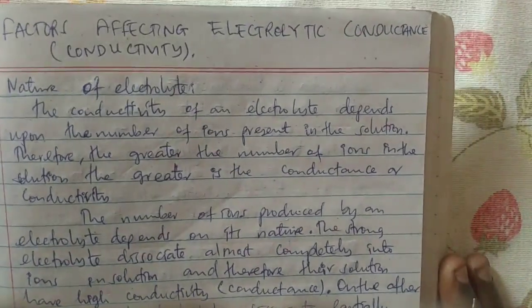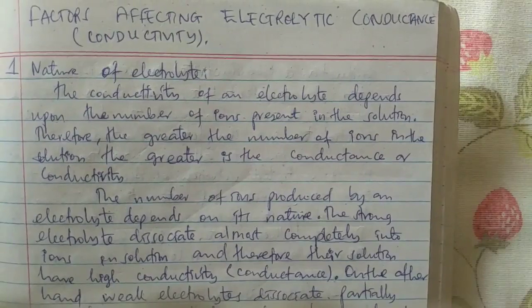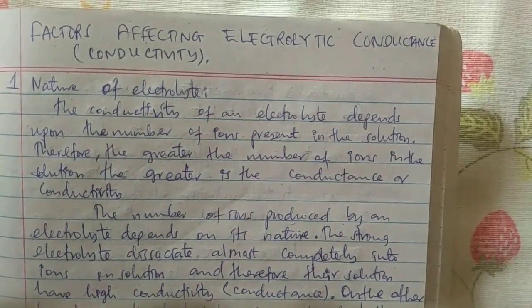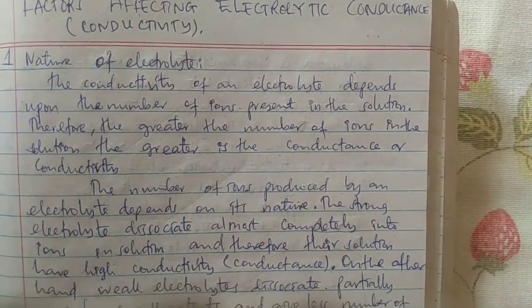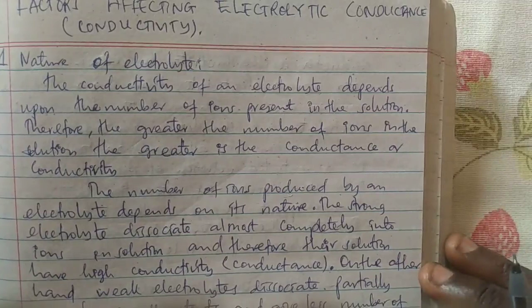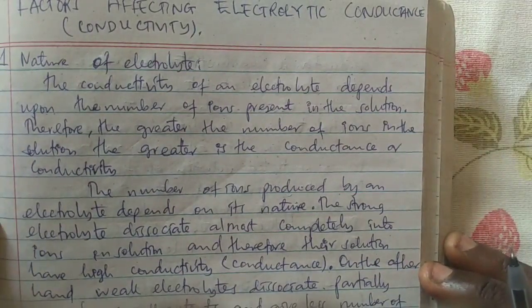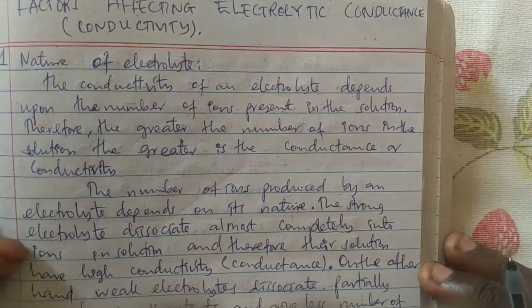From there, we have the factors affecting electrolytic conductance of any solution. The first factor is the nature of the electrolyte, whether it is a weak or a strong electrolyte. The conductivity of an electrolyte depends upon the number of ions present in the solution.